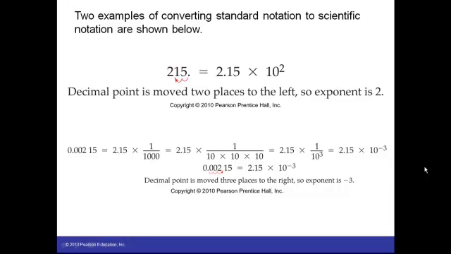If we start out with a small number and we have to move our decimal place to the right, in this case 1, 2, 3 positions, this is like saying that we have 2.15 times 1 over 1,000, or 1 over 10 times 10 times 10, or 1 over 10 to the third. And so we can say that this is 10 to the -3.